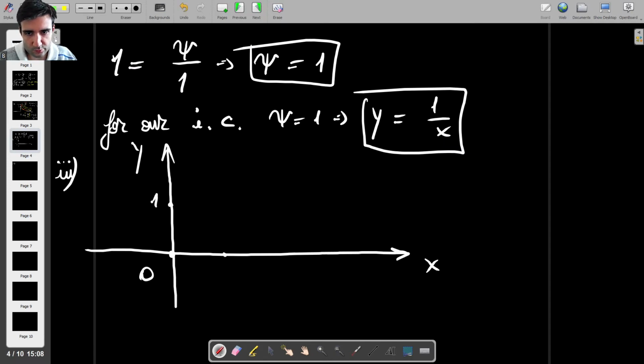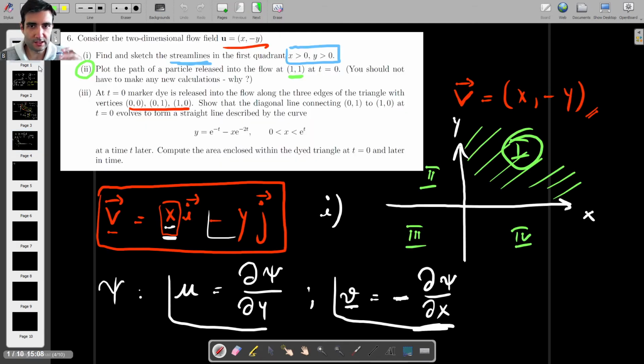And we have another point which is this one, so this is point (1, 0), if you will. And this is the triangle basically. So if I use another color, maybe it's better. So this shape here is the triangle that we're considering. And the question says that initially, when we start our stopwatch, marker dye is released into the flow along the three edges of the triangle.